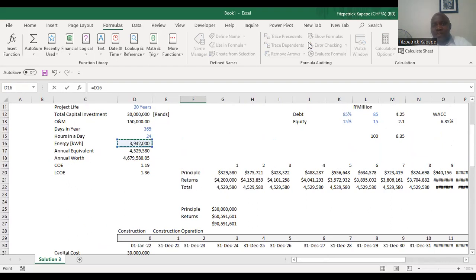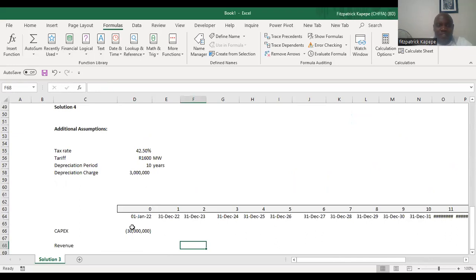You press F4 so that you have the locks. Otherwise, if you don't have the dollar signs there, as you push your formula up to the 20th year, this amount is going to be moving like this. And you have a problem in the exam, and time is ticking. This is what you're going to face. Oh, what have I done?